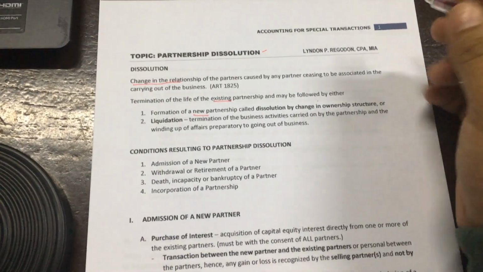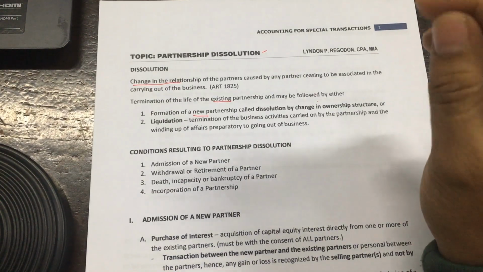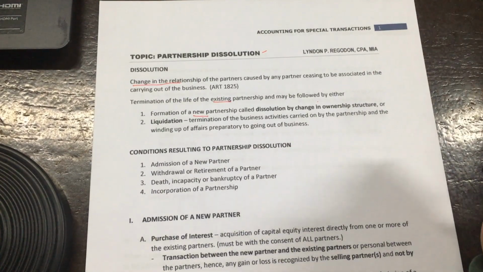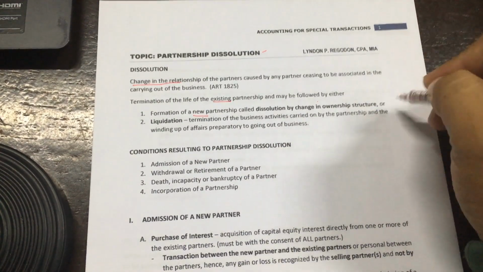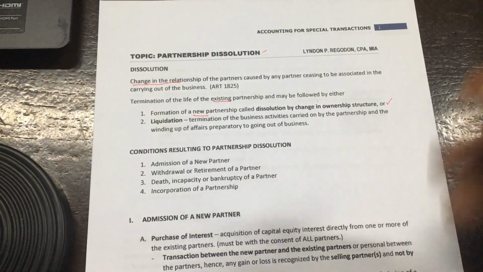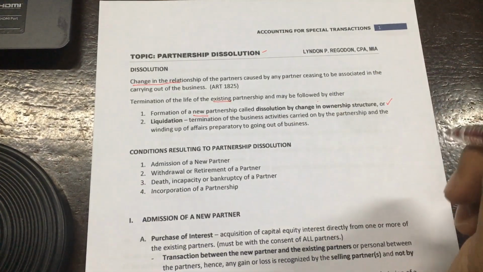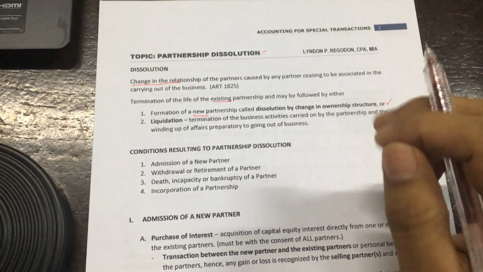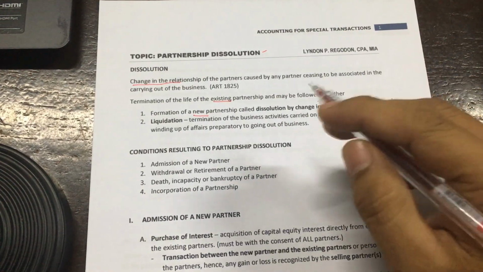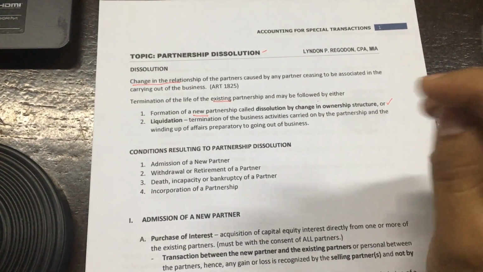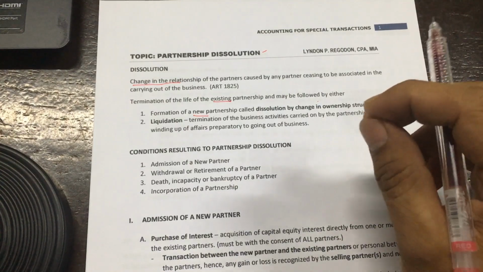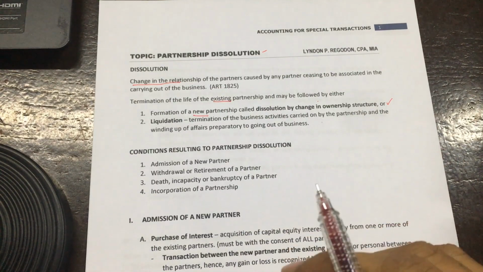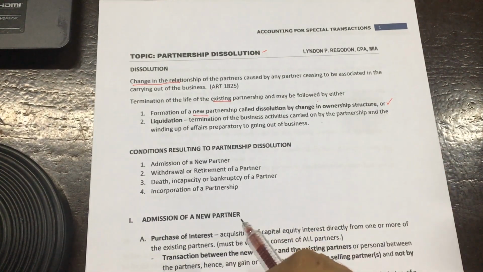So yung first is na-dissolve yung partnership but there's a new partnership that has been created. Actually, ito yung i-discuss natin sa video na ito. In form, the partnership is being dissolved. So the old partnership is terminated and a new partnership is created, but the operation still continues. So hindi affected yung operation ng partnership.